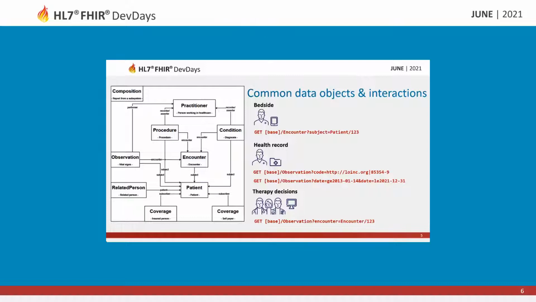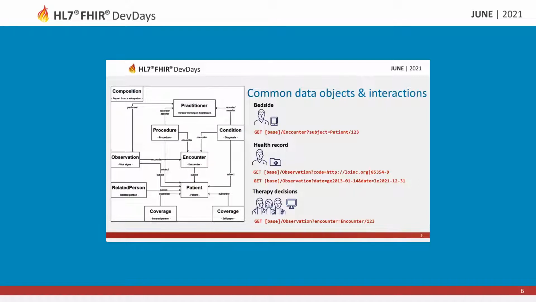The sweet spot for us was to standardize small and typical interactions between often used data objects. So we specify both data objects that are used in the same meaning in different scenarios, and also interactions on them.